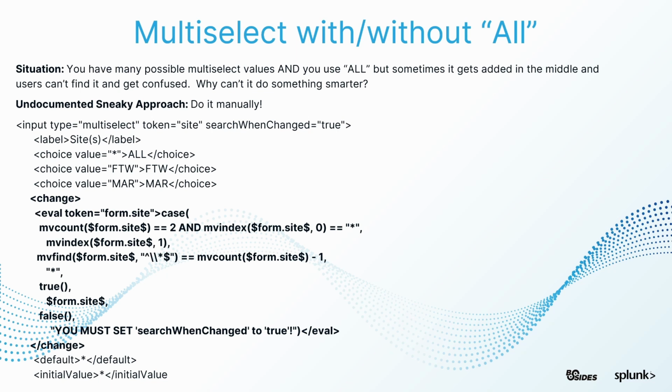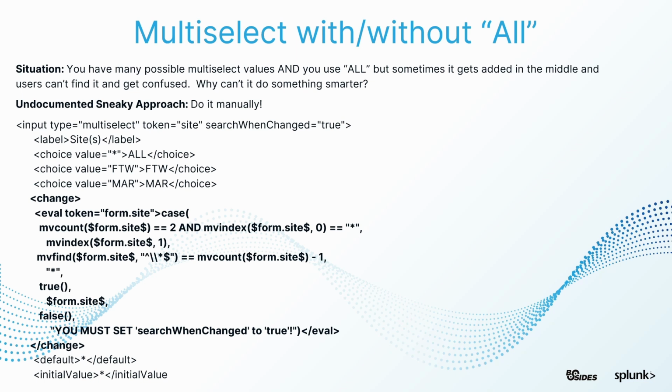And if there are more than one, it's looking for 2, and the first one of those is all, it's going to drop the all, drop that first one, and only load the secondary option that you picked, because the all is there, and after you select something, it shows up underneath that on the multi-select.